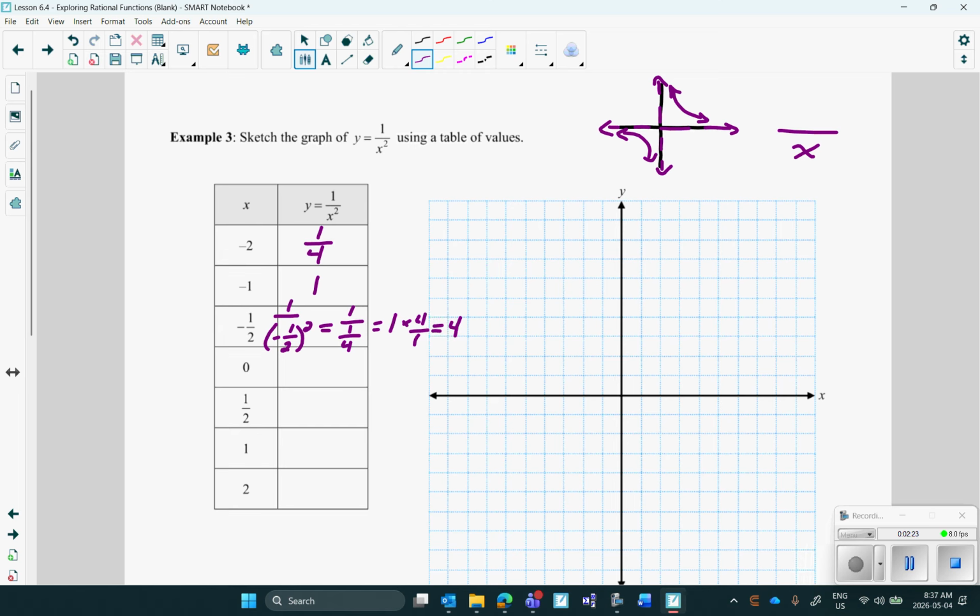What's 1 divided by 0 squared? Undefined. 1 divided by a half squared is the same as 1 divided by negative 1/2 squared, 4. 1 divided by 1 squared is 1, and 1 divided by 2 squared is 1 over 4.